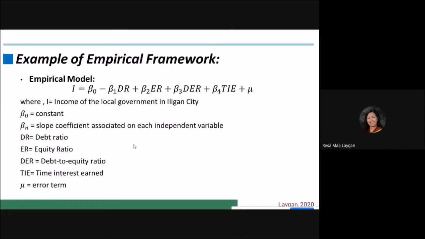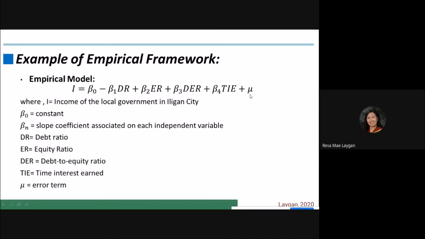So this is my example of an empirical framework, which is based on the hypothesis. Here, this is my model. Y, which is my dependent variable, refers to the income. The beta sub 0 here is my constant, and the beta sub number pertains to the slope coefficient associated with each independent variable, which are the debt ratio, equity ratio, debt to equity ratio, and times interest earned.